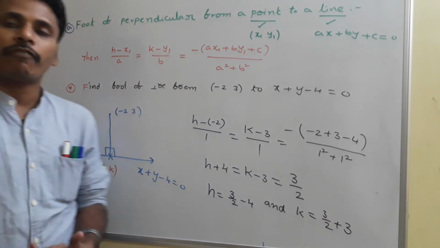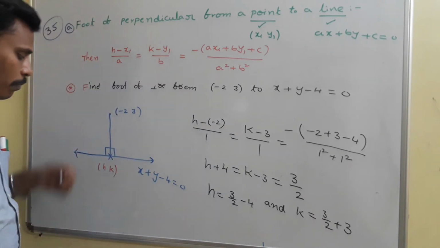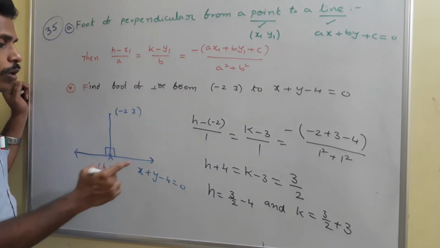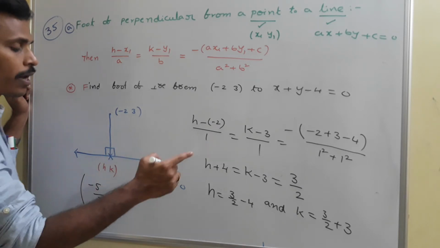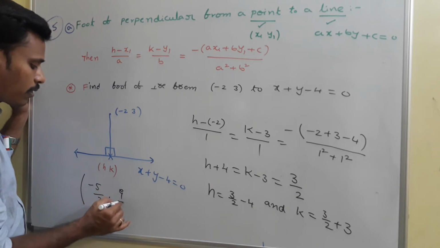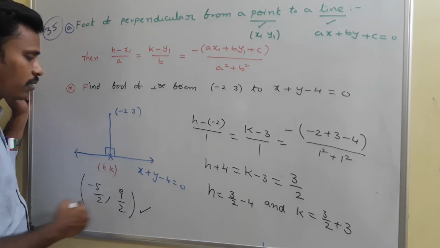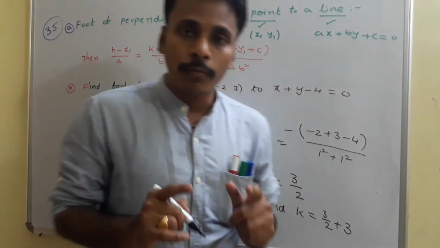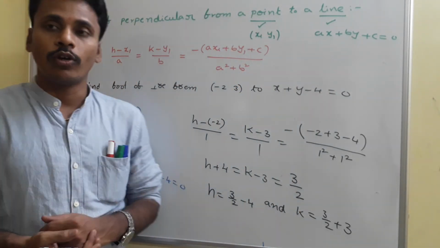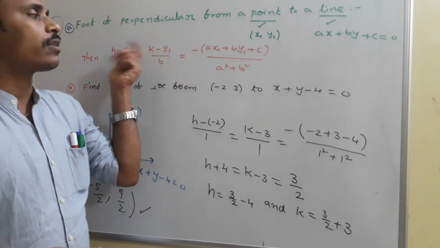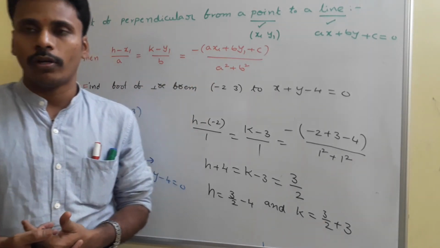From there we can find that h comma k. If you simplify, h is equal to 3 minus 8, which is minus 5 by 2, and k is 3 plus 6, which is 9 by 2, and this is the foot of perpendicular from the point minus 2 comma 3 to the line x plus y minus 4 is equal to 0. So you need to memorize this relation to find the foot of perpendicular.